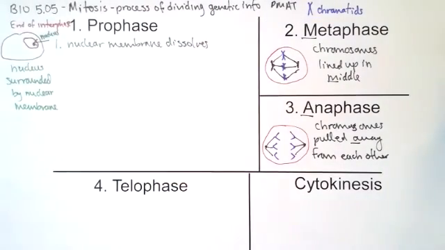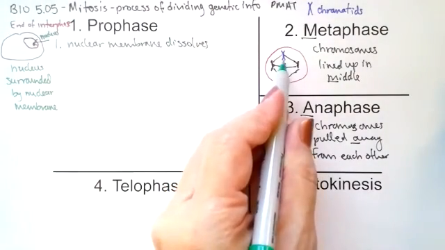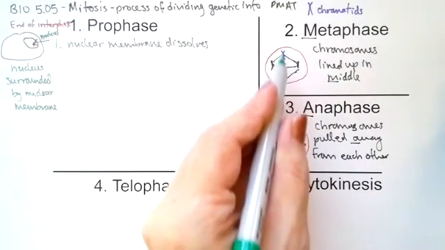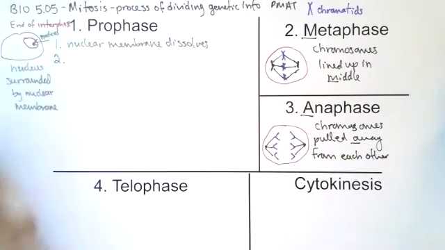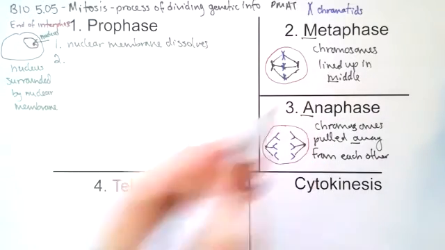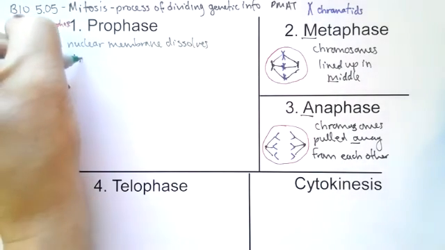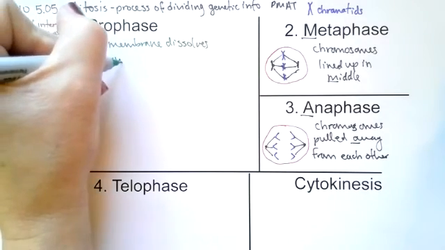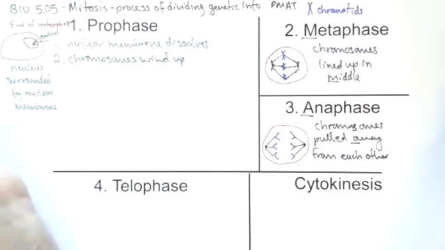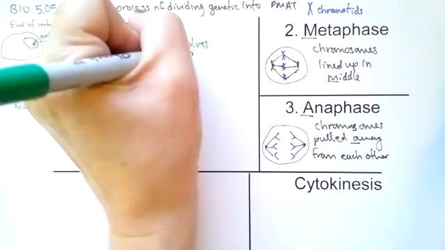Also, do these chromosomes show up over here? No. Somewhere between here and here, these chromosomes appeared as if by magic. Well, they were always there, but here it's in chromatin and over here it's in chromosomes. So the chromosomes have to wind up from chromatin.